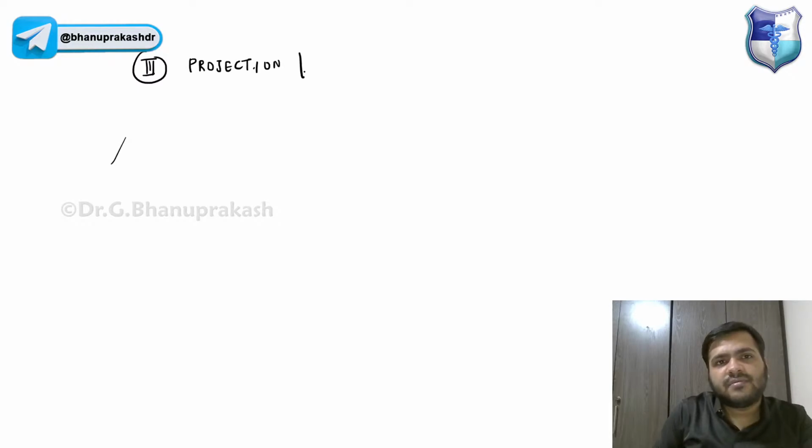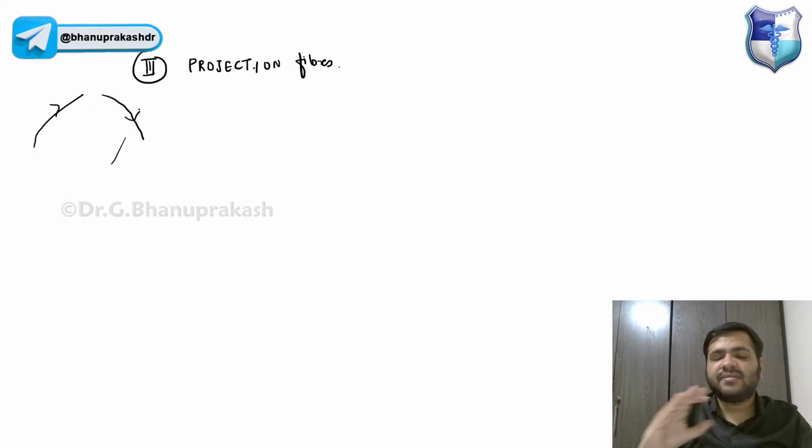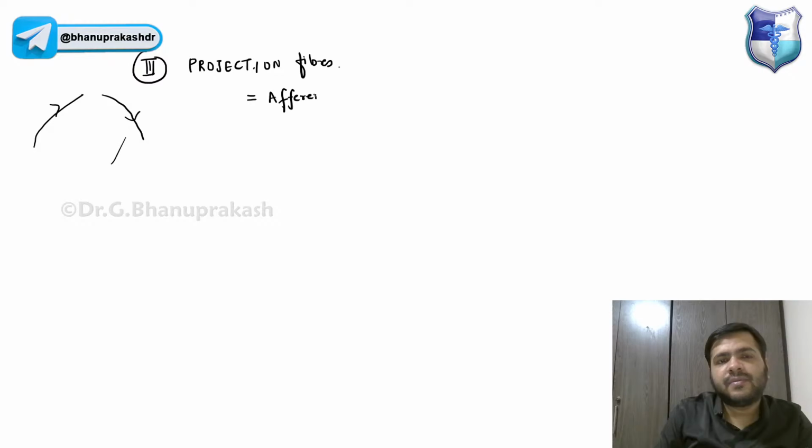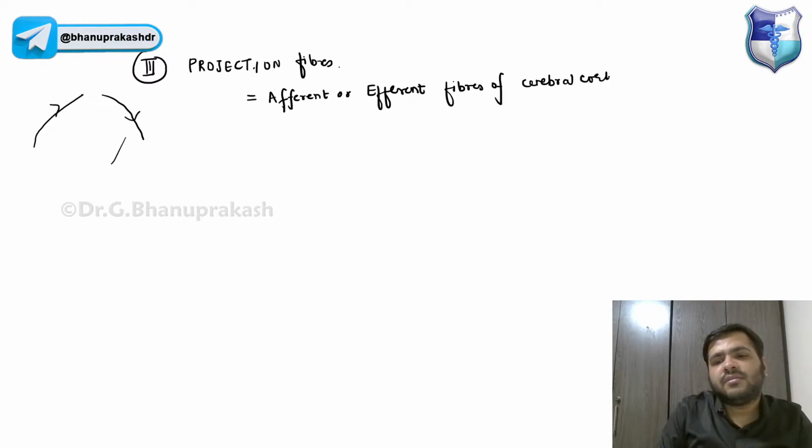Now projection fibers are the afferent or efferent fibers of the cerebral cortex. Afferent का मतलब है आने वाली और efferent का मतलब होता है जाने वाली.